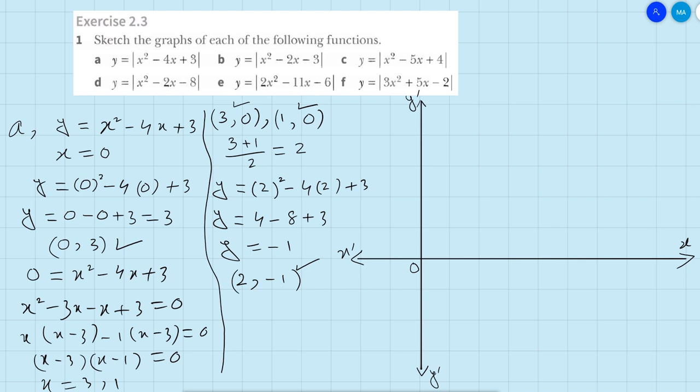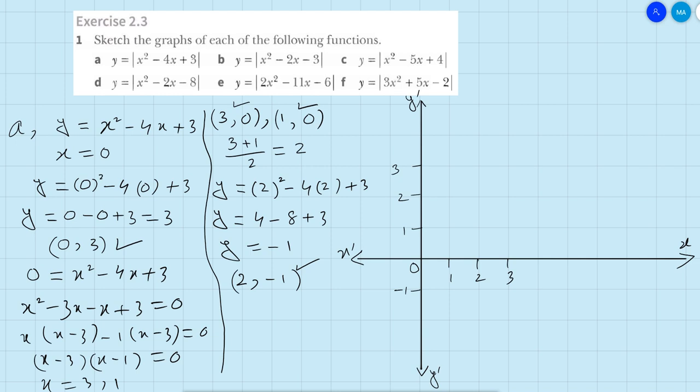We can take one square as 1, 1, 2, and 3. And on the y-axis, we can also take one square as 1, 1, 2, 3, and below, minus 1, minus 2, and minus 3. So the first point is this one, 0, 3.